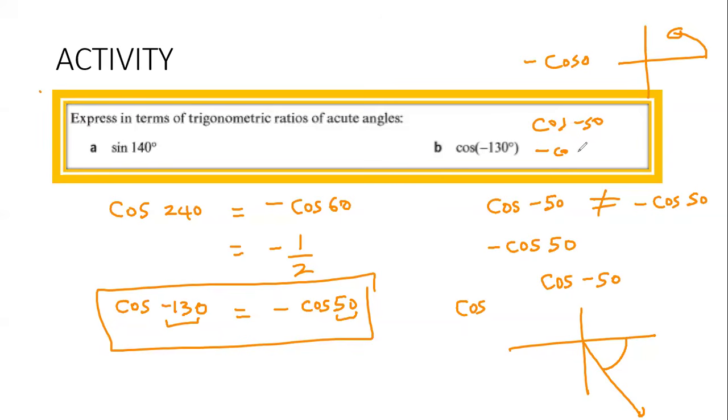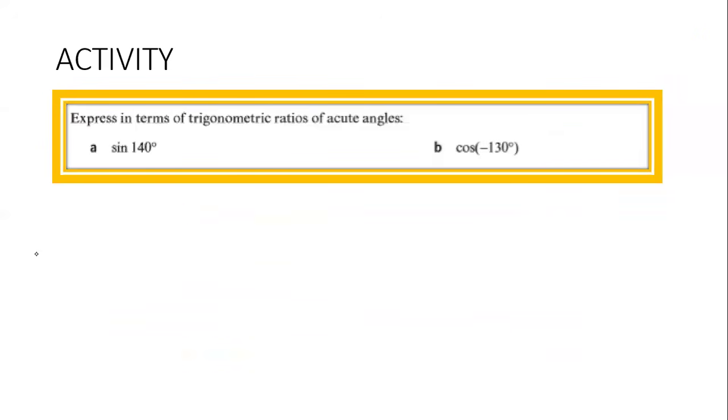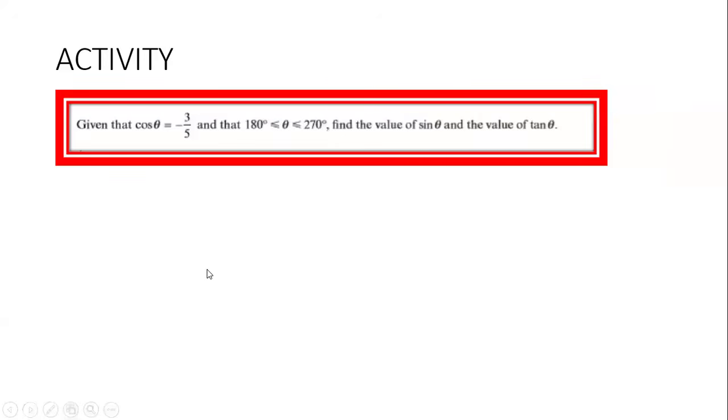Place negative cos of 50. You'll find that one is positive, another one is negative. So those are two different directions you are taking. Remember, I told you that you need to be very careful. Whenever you find an angle with it, this shows you the direction you are taking. When the angle is positive, you are moving in another direction. Yes, thank you, sir.